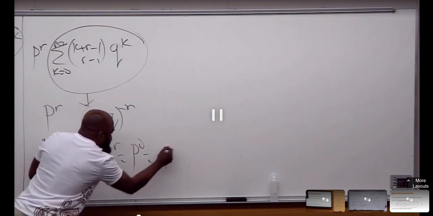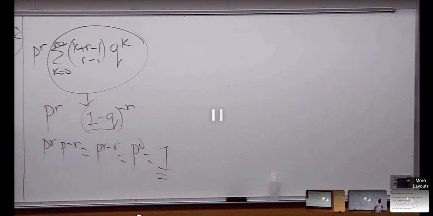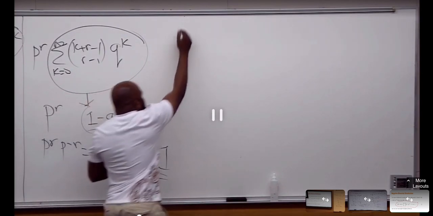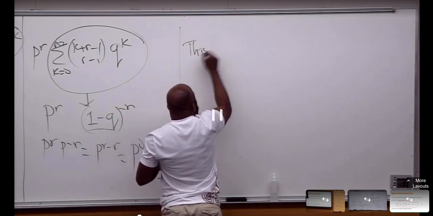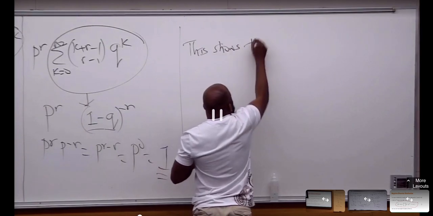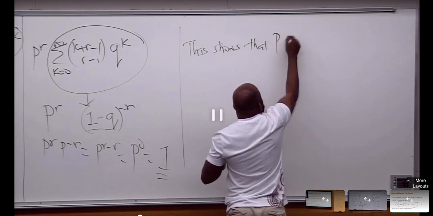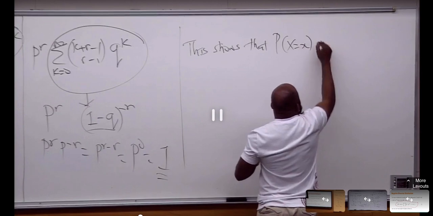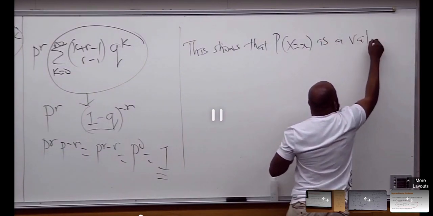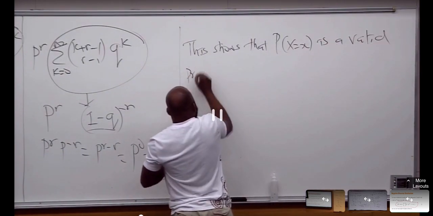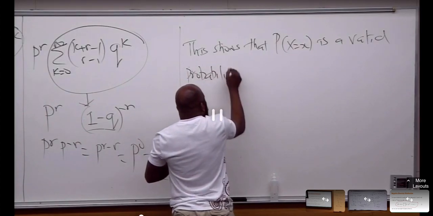So this shows that P(X equal to s) is a valid probability mass function.